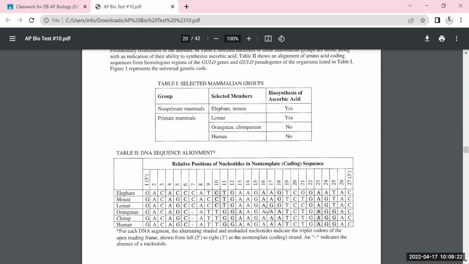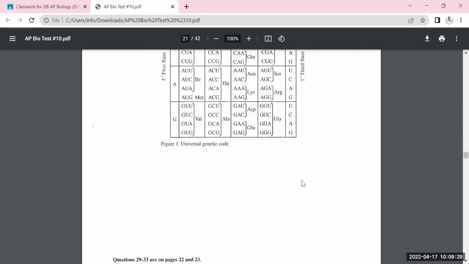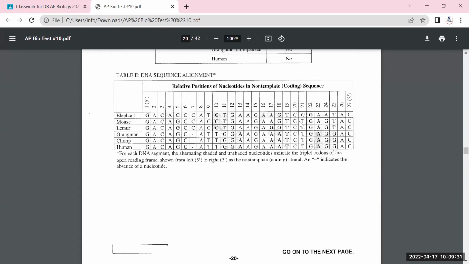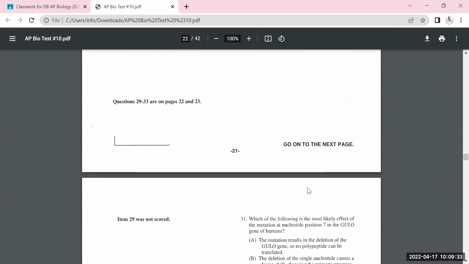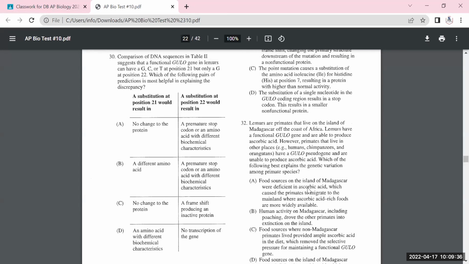So they're basically saying that if you replace whatever is at 21, it still works, because it says in lemurs you can have a G, C, or T. So it really means that whatever you have at 21 doesn't seem to be super significant. At 22 though, it has to be G, right? Why?